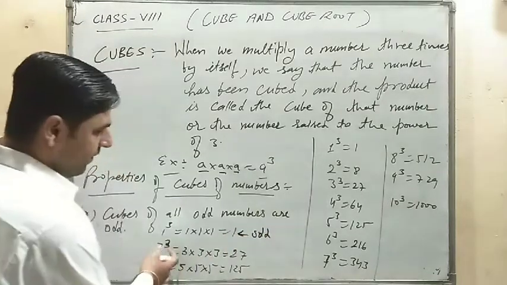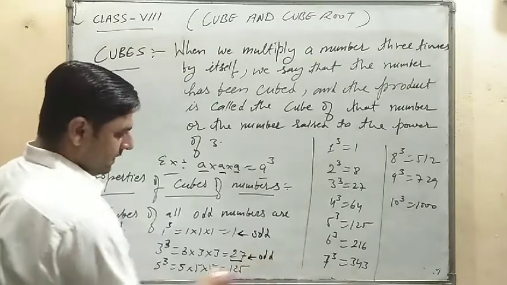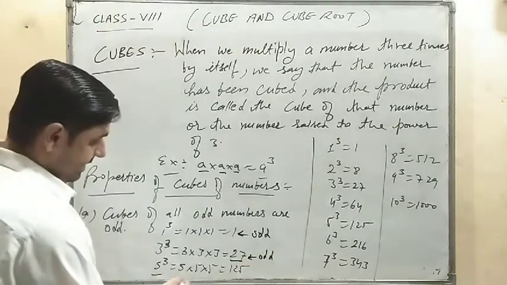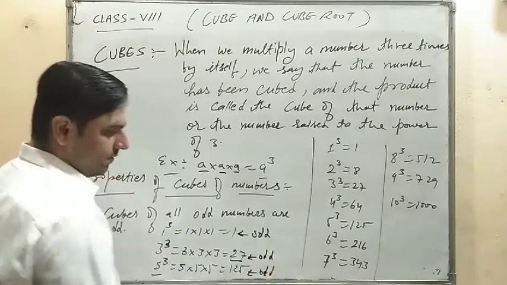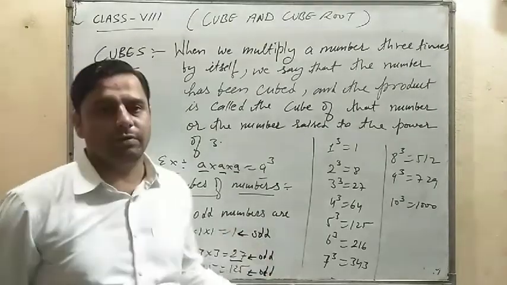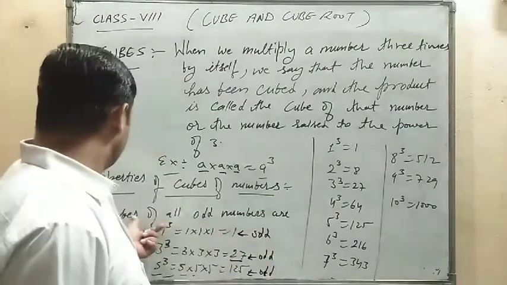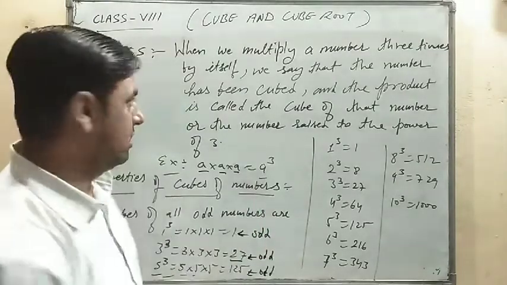Next, cube of 3 is equal to 27, it is also odd. And cube of 5 is equal to 125, which is also odd. Similarly, cube of all odd numbers are odd.